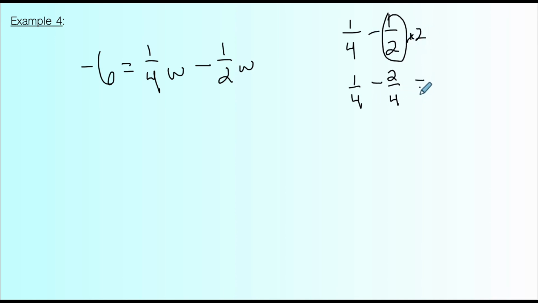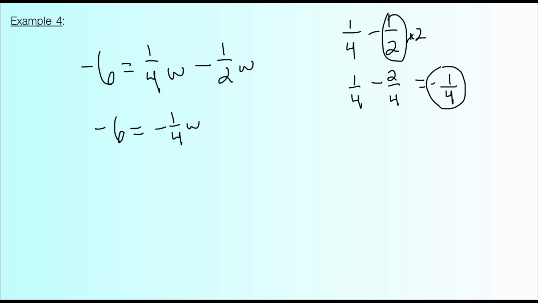Anyways, now the denominator stays the same, and on top, the numerator, 1 minus 2 is negative 1. So if I combine these two like terms, my equation can be rewritten as negative 6 is equal to negative 1/4 w.